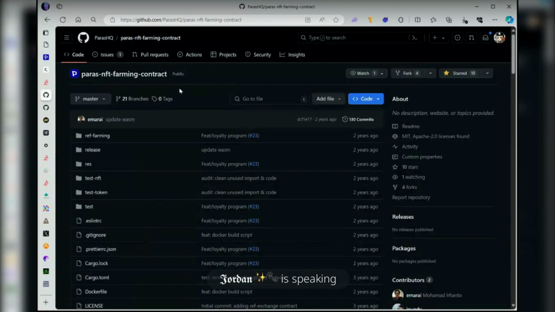Another example of that is the Paras NFT farming contract. This is another open source bit of technology, and what it does is it allows you to stake your NFTs. So say you minted an NFT, you stake it, and then the contract can emit fungible tokens or other rewards for people who stake their NFTs.